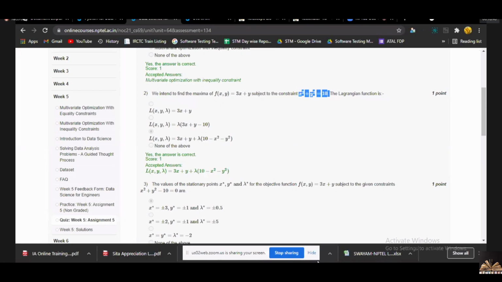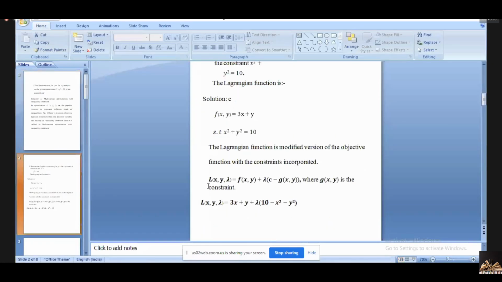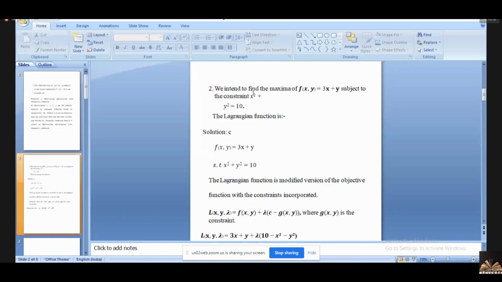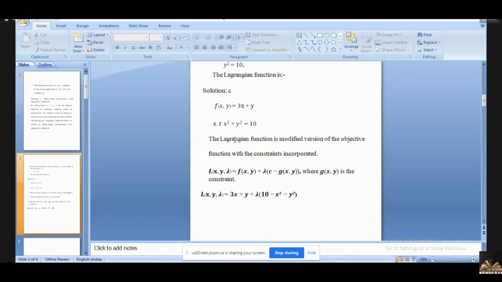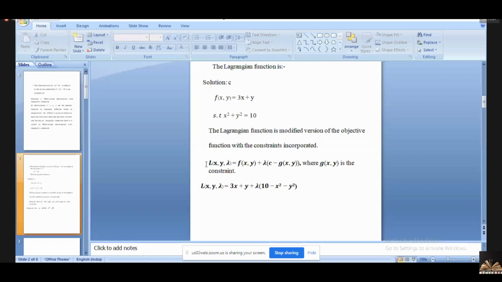Whenever it is asked like that, subject to the given constraint, the Lagrangian function is a modified version of the objective function with the constraints incorporated. So how are you going to write the Lagrangian function?